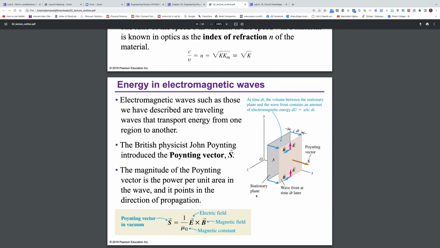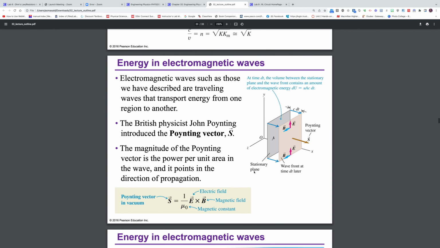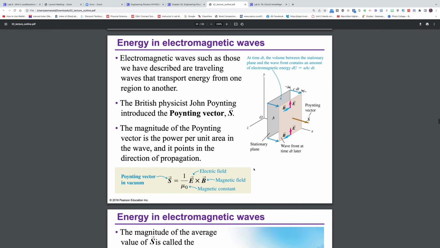Then it's power divided by area in the wave, and it is pointing in the same direction as the propagation, like the movement of the wave.